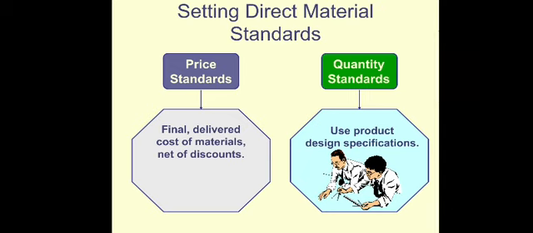For example, for one cupcake, you want to use the quantity, maybe, I don't know, maybe 5 gram of flour. Okay, so that is the quantity standard, and the price that you set is, for 1 kilogram of flour that you want to use for the production process, RM2.50, for example. So there are two elements in the material standard: the price of the material and the quantity of the material.